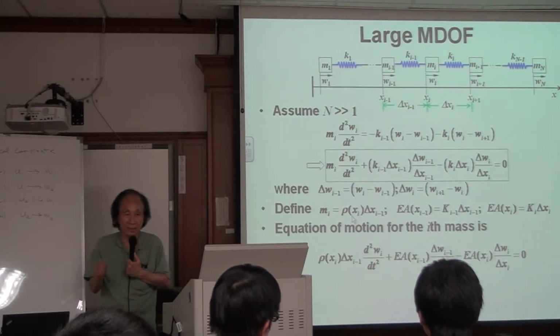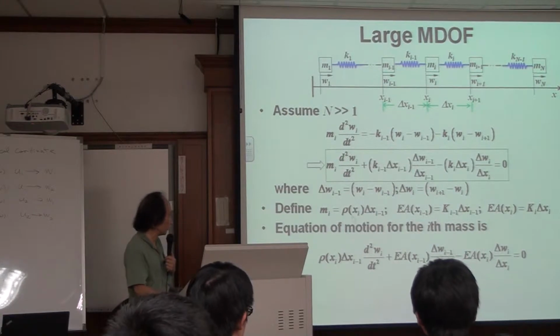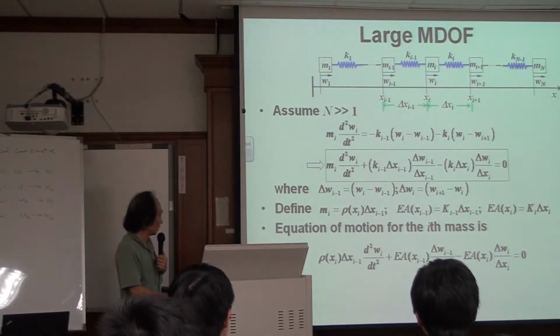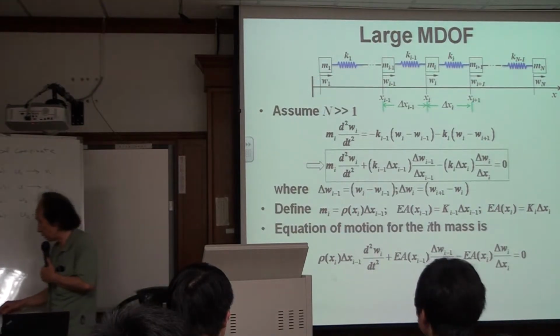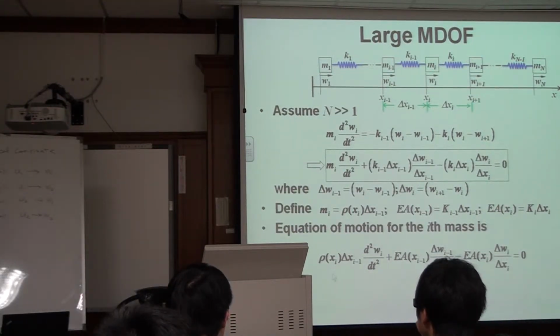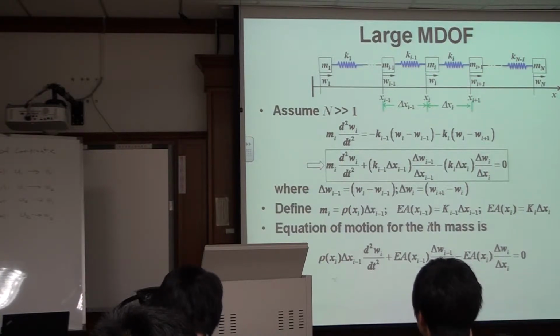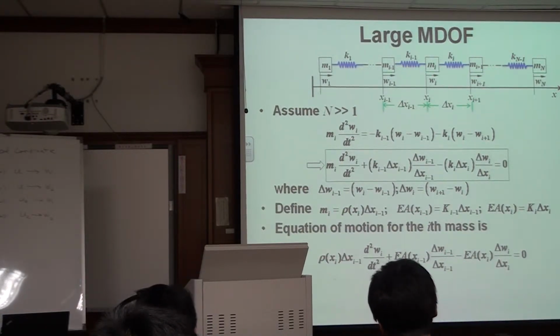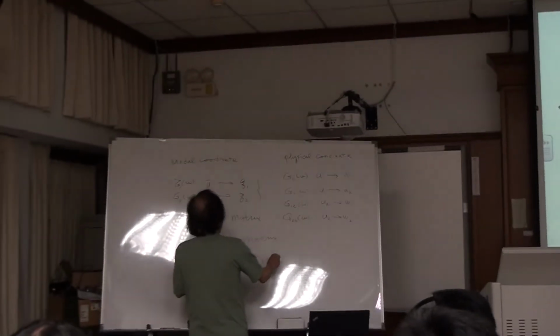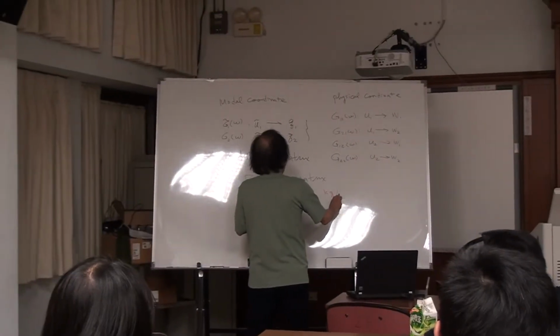So we have a density. Rho is like a density. We call it the mass density, so the unit can be kilograms per meter.